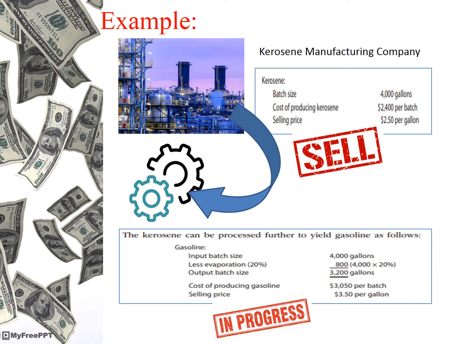Therefore, the output batch size is equal to 3,200 gallons. And the cost of producing gasoline is $3,050 per batch, with a selling price of $3.50 per gallon.